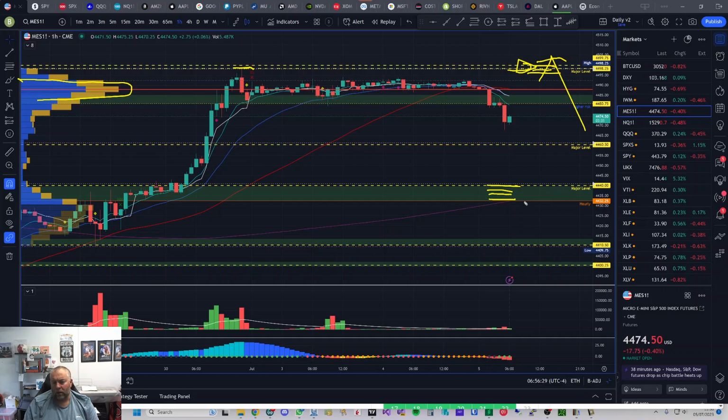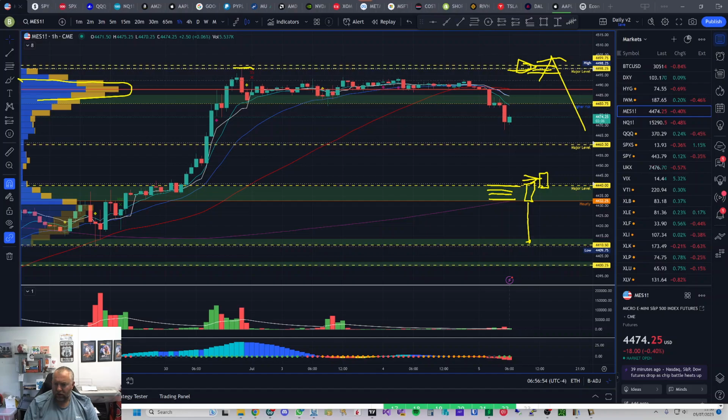However, I will be waiting for a confirmation, so I'll be looking for a bottom tail candle, which looks a bit like that, and a move back up. So I'll get in on the break of that candle, and I'll be watching the volume. In theory, we'll have lots of small volume candles as we're selling off, and then we'll have a big volume spike for this candle.